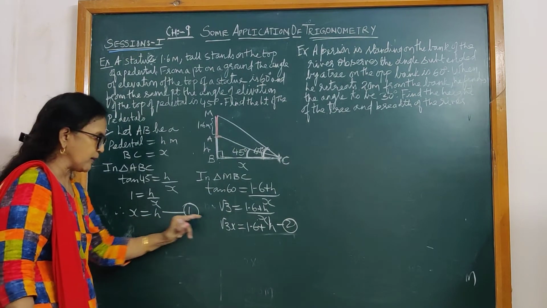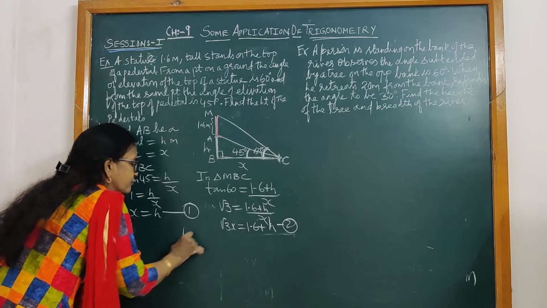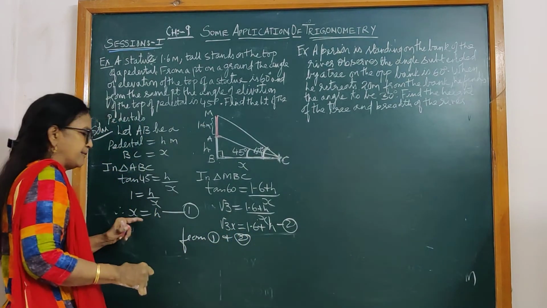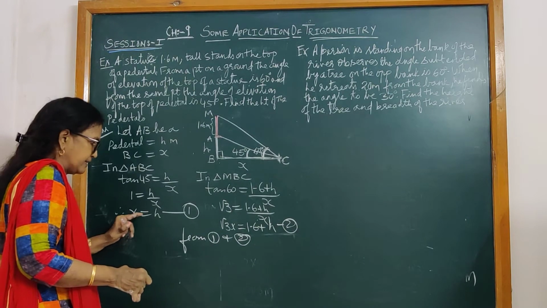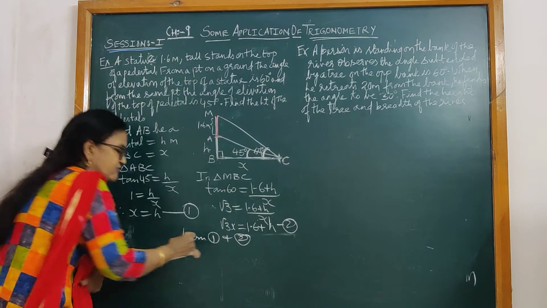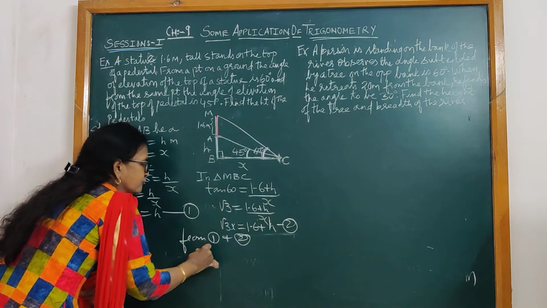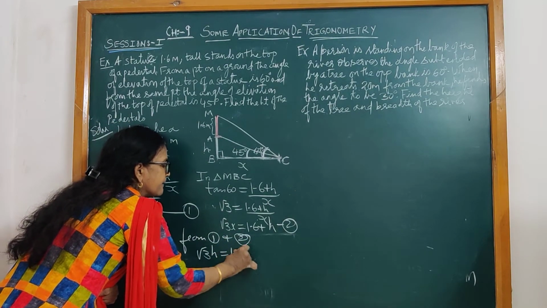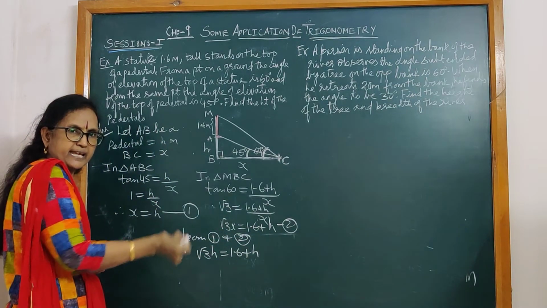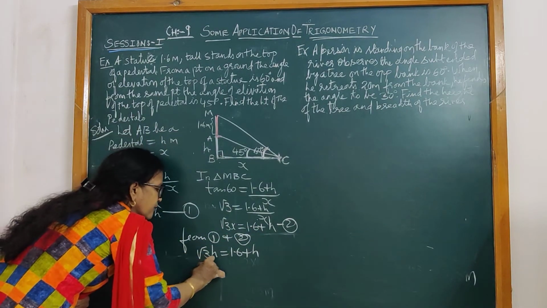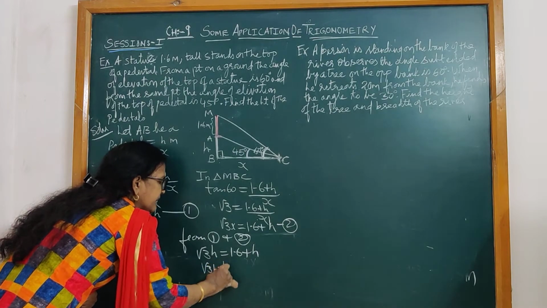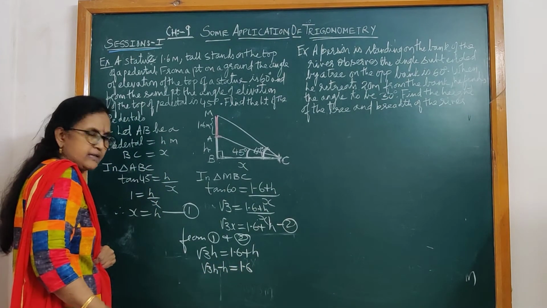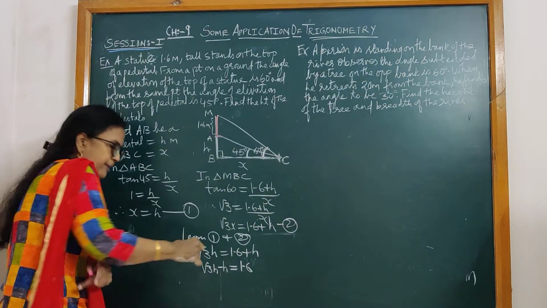So we got 2 equations. One is x is equal to h and this is from 1 and 2. From 1 and 2, we can replace any one value. Suppose instead of x I am replacing h. So it will become root 3h is equal to 1.6 plus h. Take h terms together. Root 3h minus h is equal to 1.6. Now you can see that h is common.